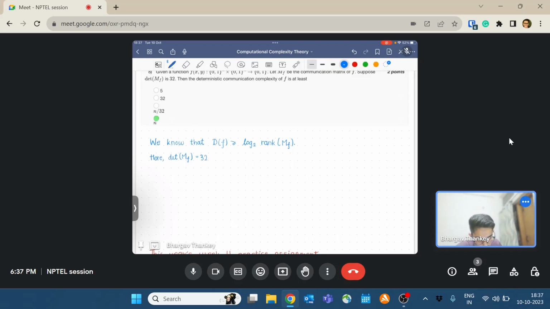Now, when can the determinant of a matrix be non-zero?